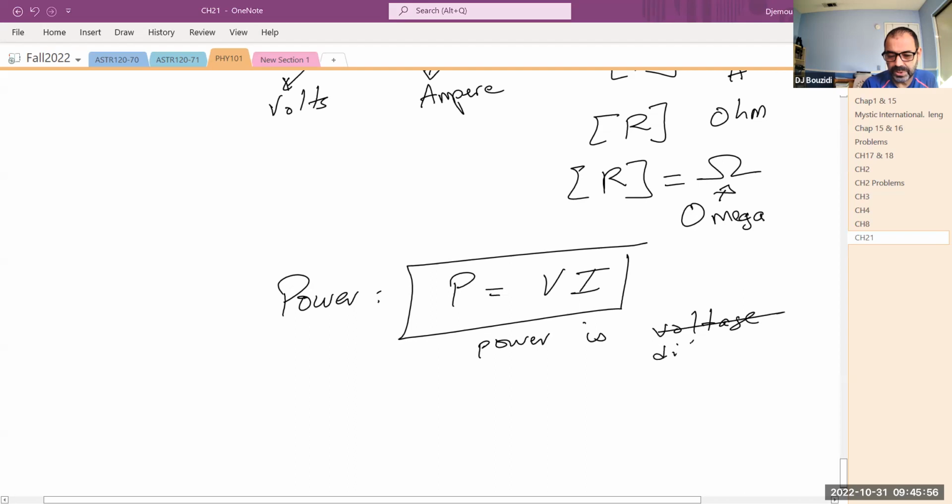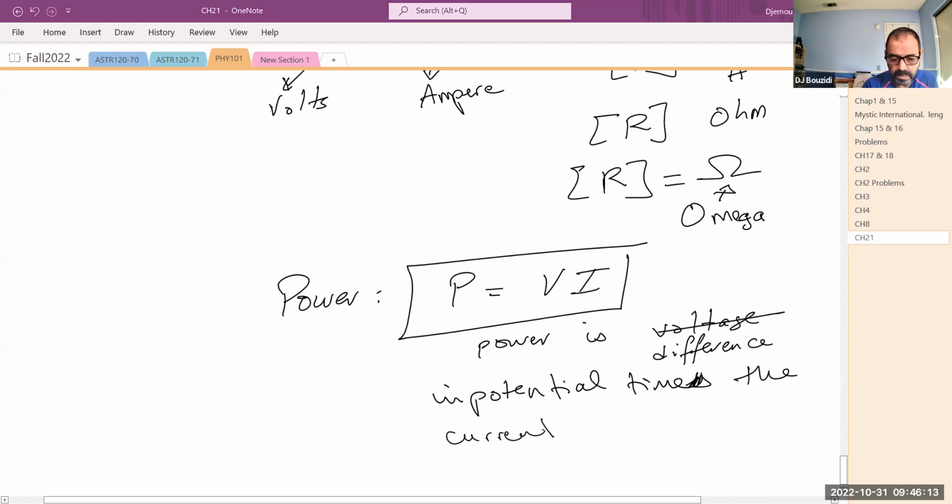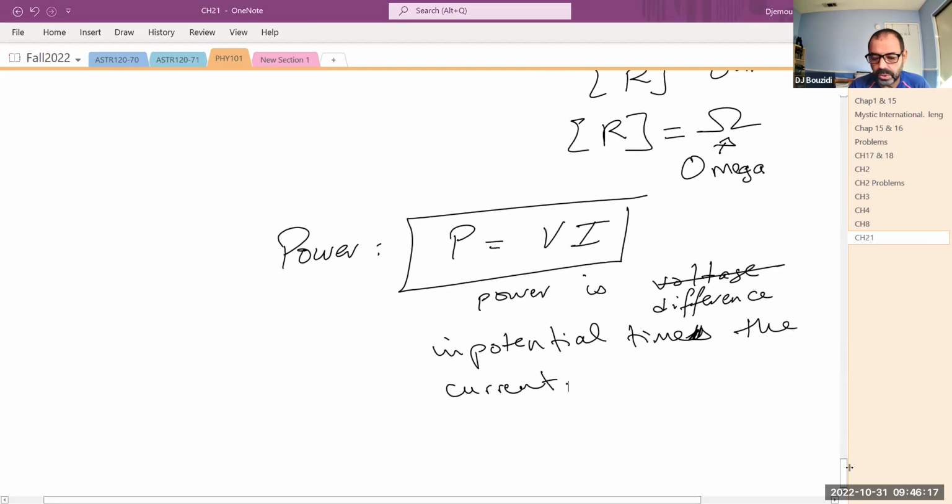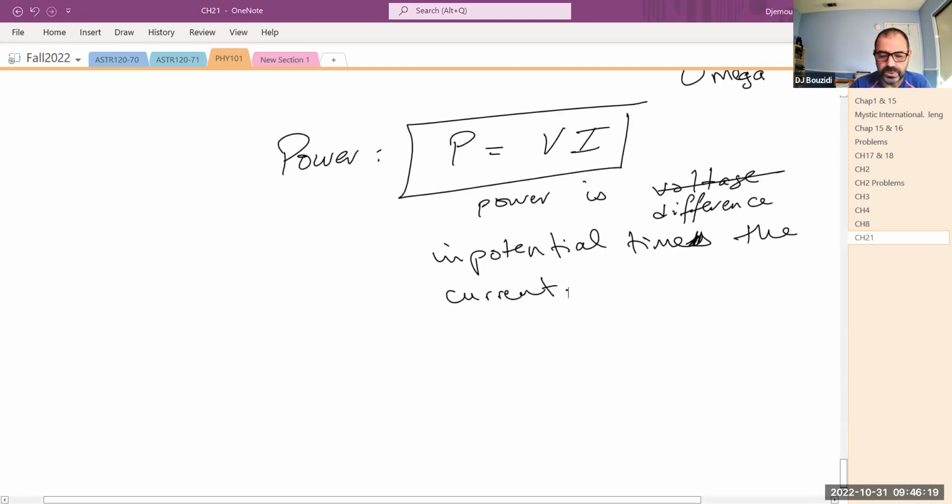That's what the word for voltage is. I know I'm using that word loosely. The difference in potential, which is the voltage, times the current. This is what you see labeled on all of the devices: the power they consume.